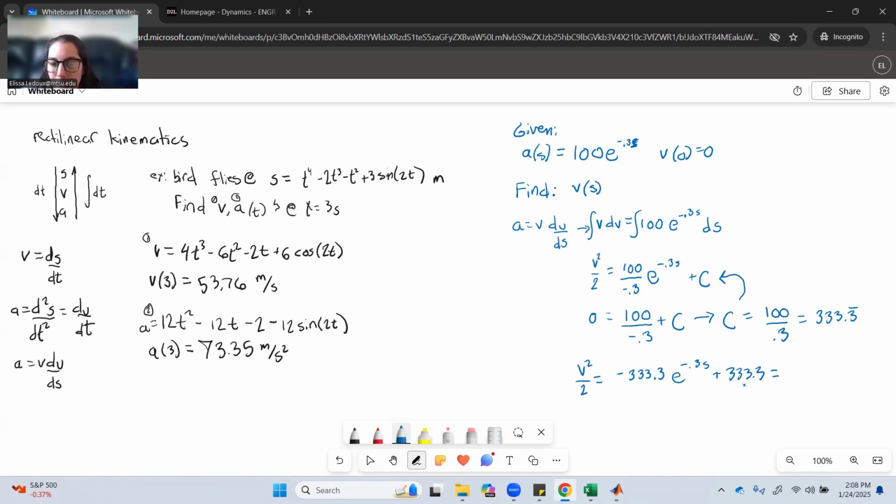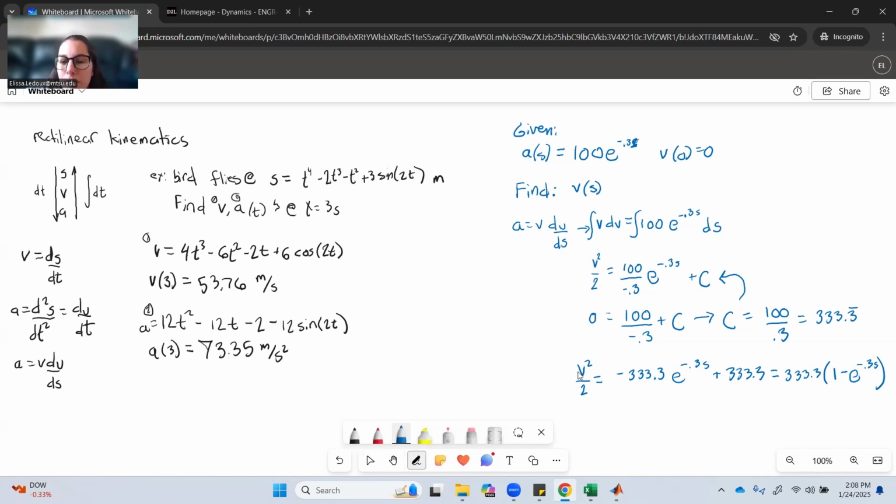So simplifying that, we can pull out the 333.3 and multiply. That's going to be times 1 for here, and then minus e to the negative 0.3 s. So we just combine those terms to simplify.